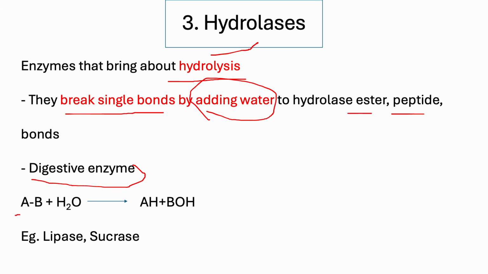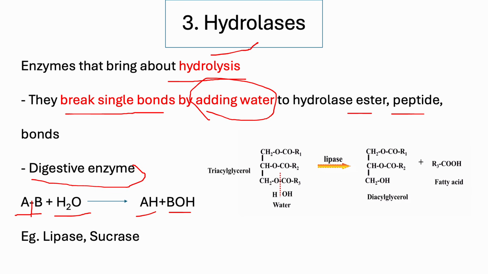For example, AB, this is the bond, and this bond is broken by hydrogen and OH, this is from water, and then H comes here and OH comes here. That's how bonds are broken. An example is triacylglycerol. Here, how does lipase act?